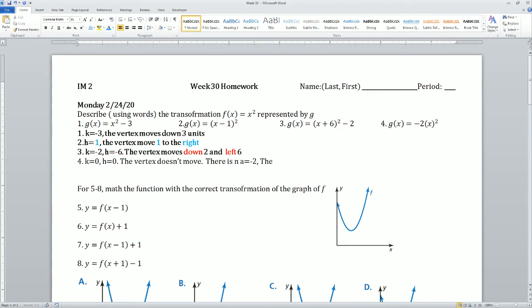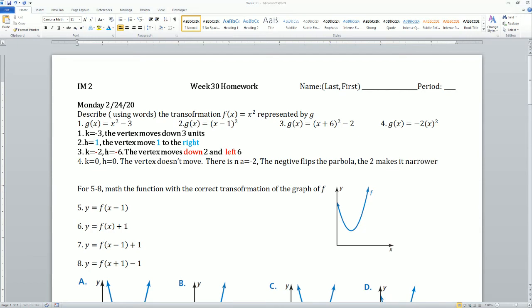First of all, the negative flips the parabola. And then the 2, if it's bigger than 1, what happens to it? It makes it wider or narrower. 2 makes it bigger, so it makes it narrower. Let's see if I'm right.